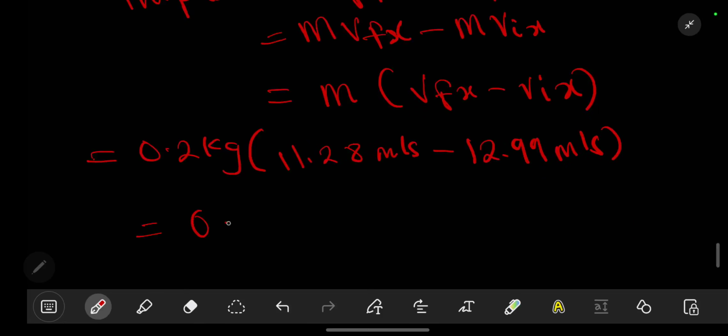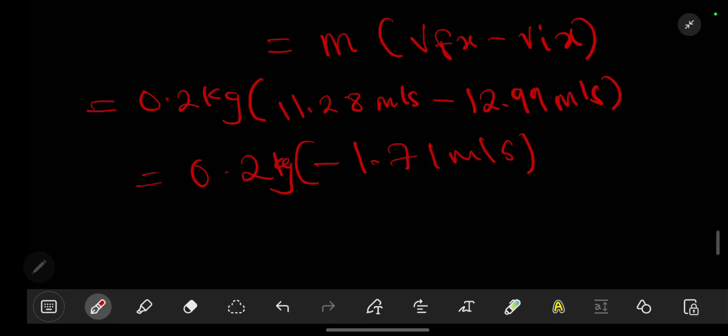We are going to have 0.2 times, if we subtract 11.28 minus 12.99, this is going to give us a value of negative 1.71 meters per second, kg there.